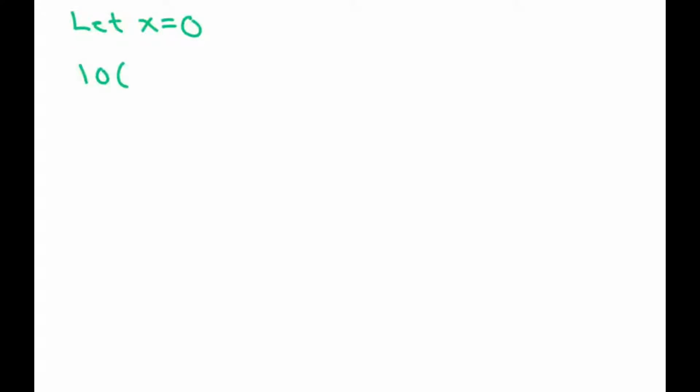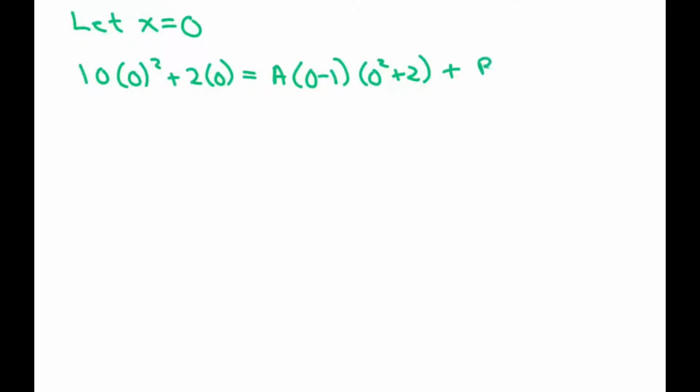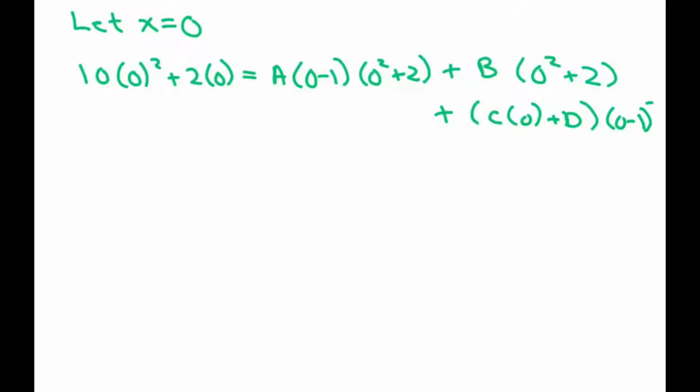So you have 10 times 0 squared plus 2 times 0 equals a times 0 minus 1 times 0 squared plus 2, and then plus our b times 0 squared plus 2, and then plus c times 0 plus d times 0 minus 1 squared.